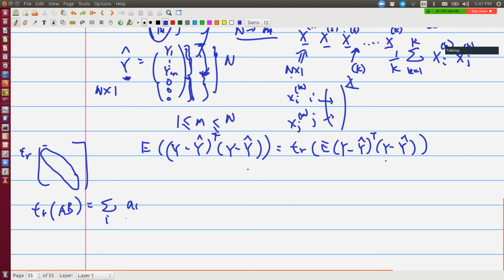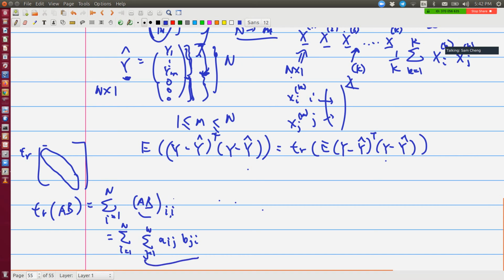We'll start from here again. So i equal to 1 to n, the ith element of AB. This is the diagonal element, right? And what is it? It is the sum over j equal to 1 to n of A_ij B_ji, right?